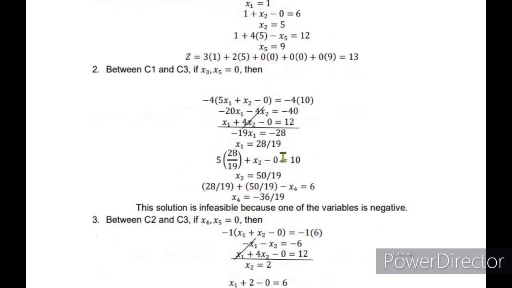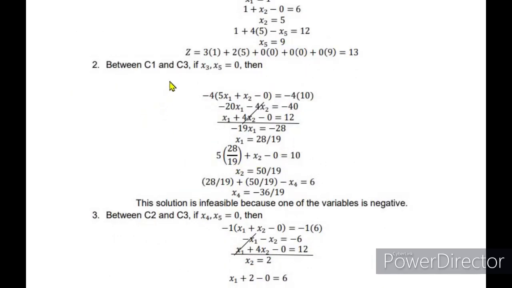Now for the number 2 computation, between constraint 1 and constraint 3. So if x sub 3 and x sub 5 are equal to 0, then you notice here that this is the first constraint and this is the third constraint. So we just multiply negative 4 to the first constraint to eliminate x sub 2, because negative 4x sub 2 plus positive 4x sub 2 is equal to 0.